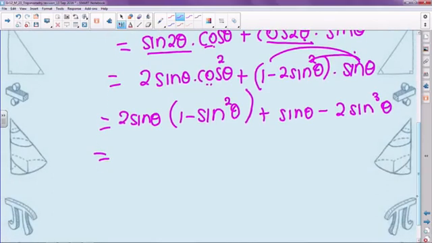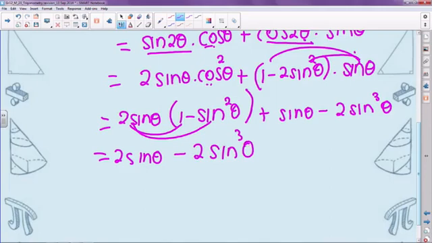Let's then multiply the 2 sine theta outside the bracket into the bracket in the first term. So we get 2 sine theta times 1, which is just 2 sine theta. 2 sine theta times negative sine squared theta is going to give me negative 2 sine cubed theta.